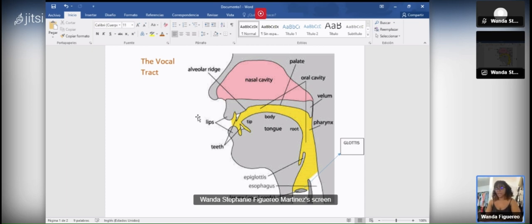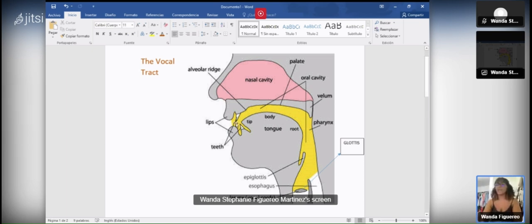The vowel A can be pronounced differently, depending on whether the mouth is rounded or unrounded. For consonants, lip rounding is involved in labialized consonants. The lower lip is involved in labiodental consonants like F and V.